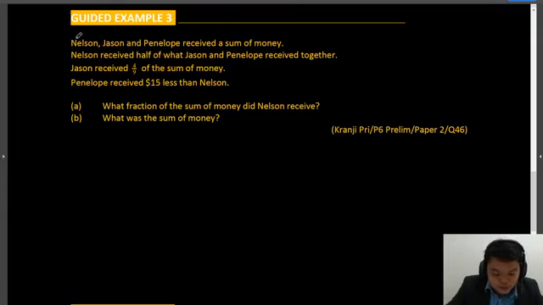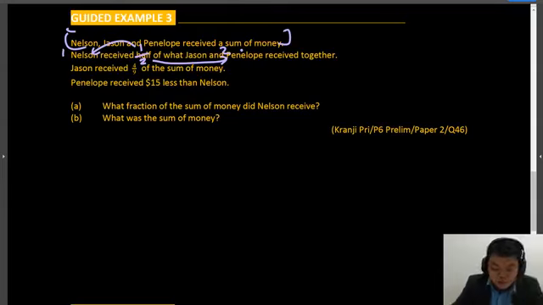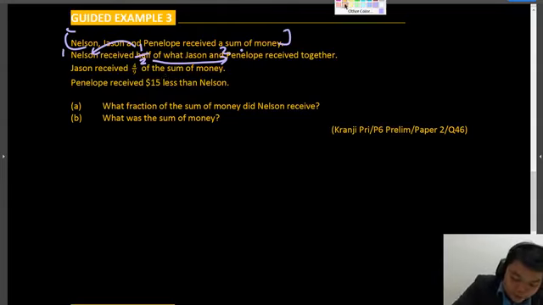Now, Nelson, Jason, and Penelope received a sum of money. Nelson received half of what Jason and Penelope received together. So change this to half. 1 goes to Nelson, 2 goes to J and P. Then Jason received 4/9 of the sum of money.